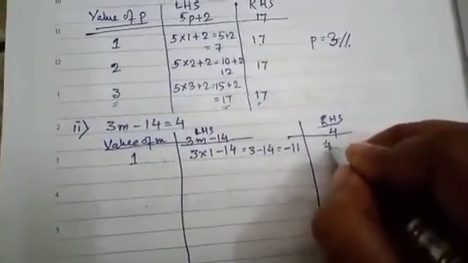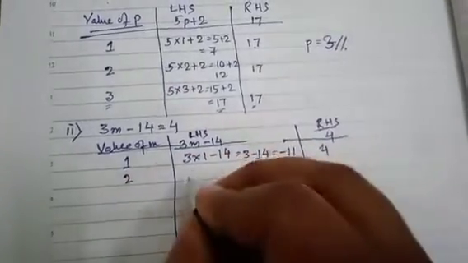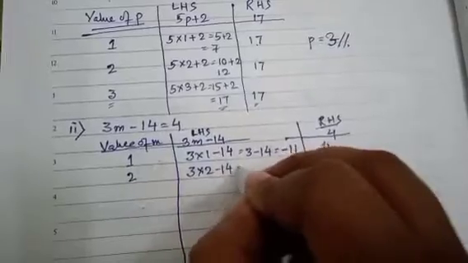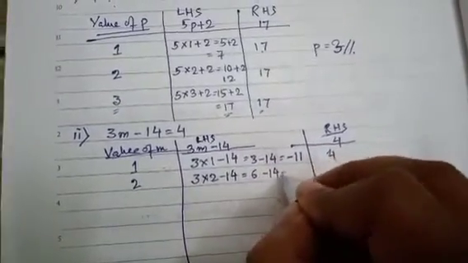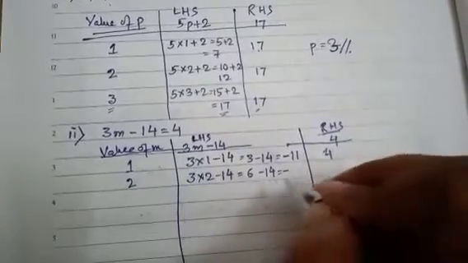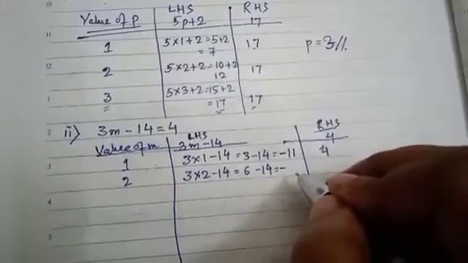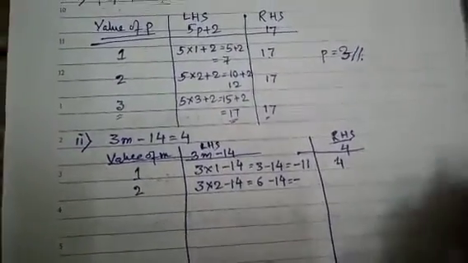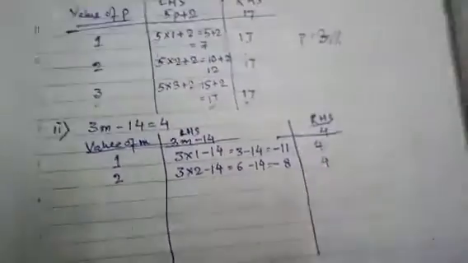But the RHS is 4. If I take the value as 2, what will happen? 3 into 2 minus 14. So this becomes 6 minus 14. This is minus because 14 is larger, and then it will be minus 8, right? But here it is 4.